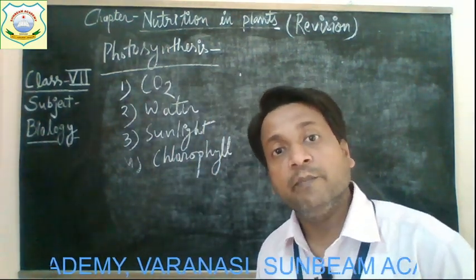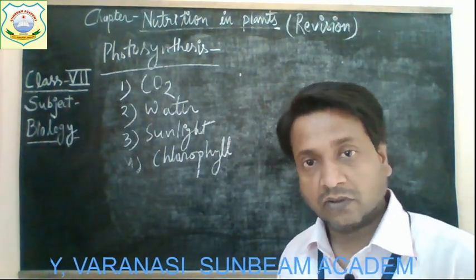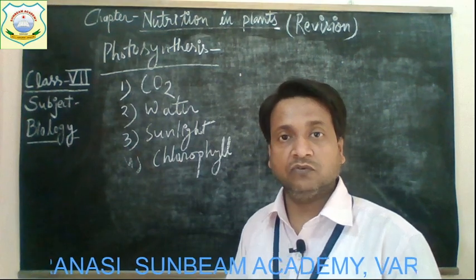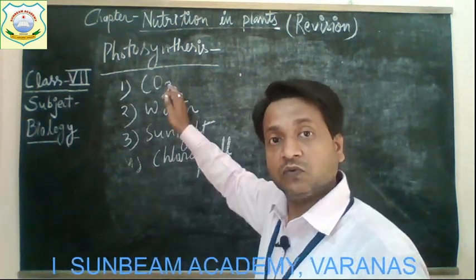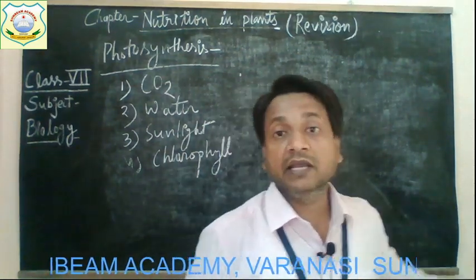Chlorophyll is a green pigment present in chloroplasts. Got it, children? So these four are responsible for synthesizing the food. And the process of photosynthesis we can write in the form of a chemical reaction.